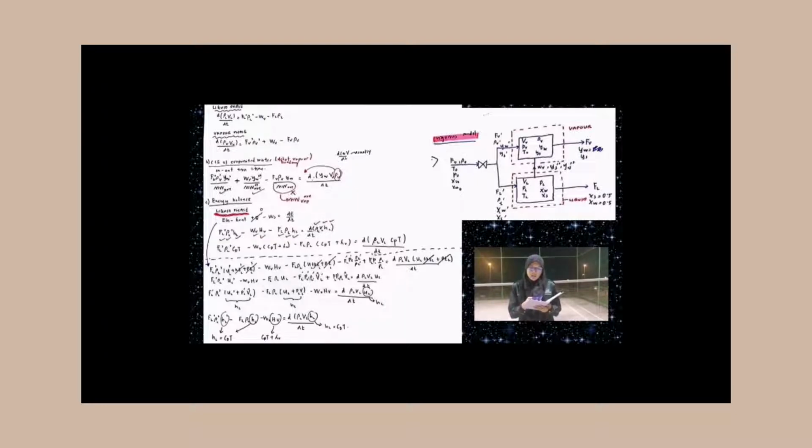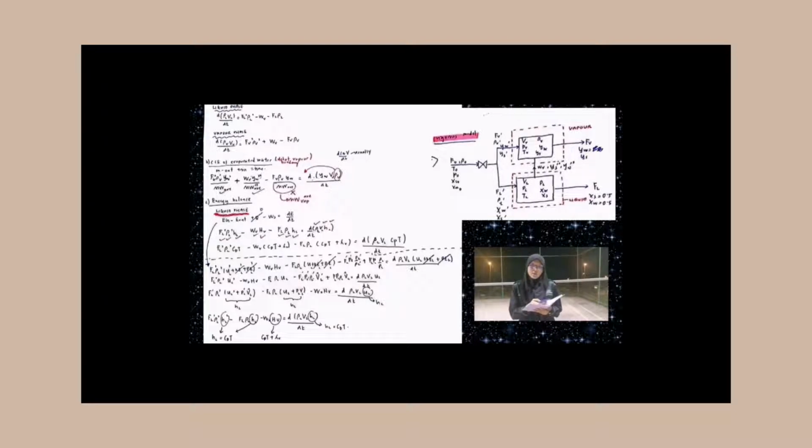Moving to the energy balance, the general equation is E in minus E out plus Q minus work shaft equals dE over dt. But there is no reaction, so we can assume Q is 0. Then we do the same thing, inputting into the equation E in minus E out plus Q minus work shaft, and we get the equation.